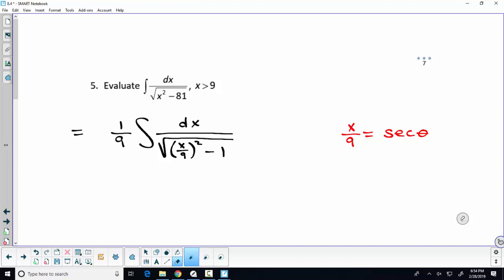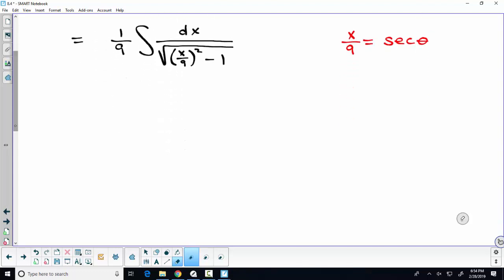The long and short of that means for us, when we take the square root of this, we don't have to worry about the absolute value of tangent. Okay, so that's our substitution. We'll look at another example with the secant substitution, but this is what you should get.